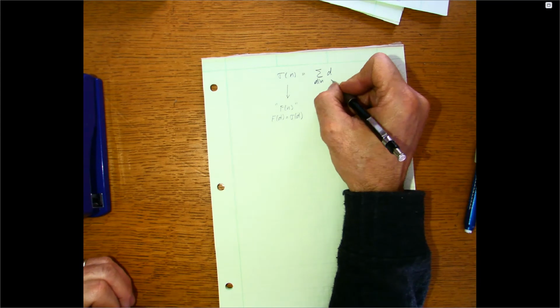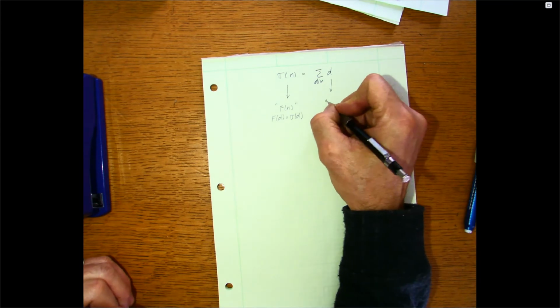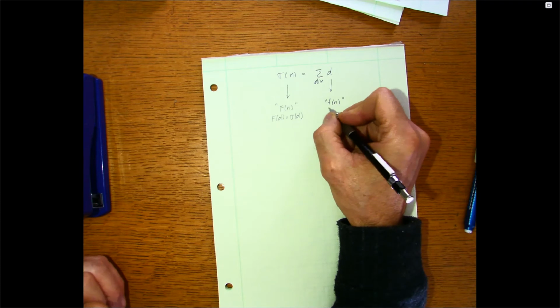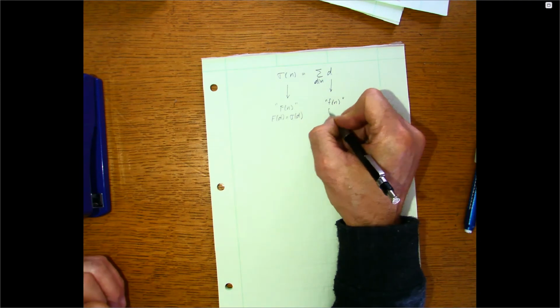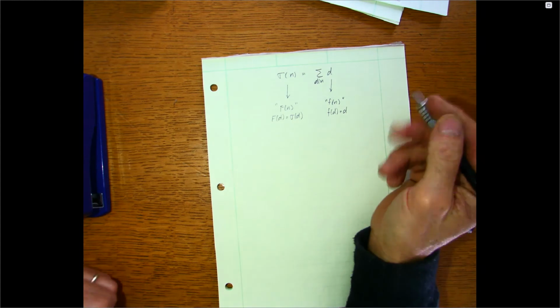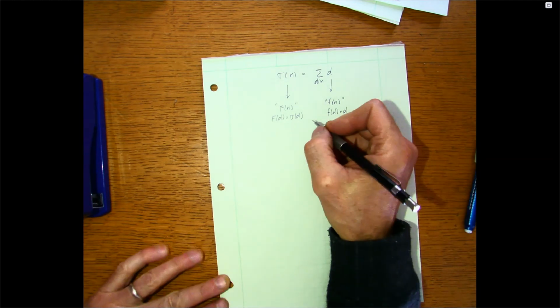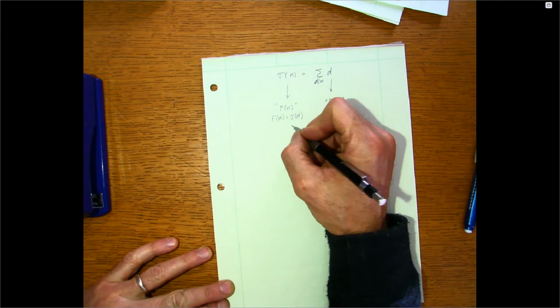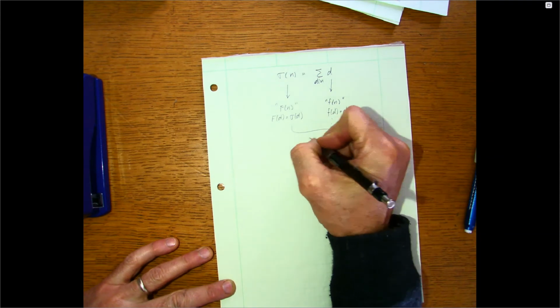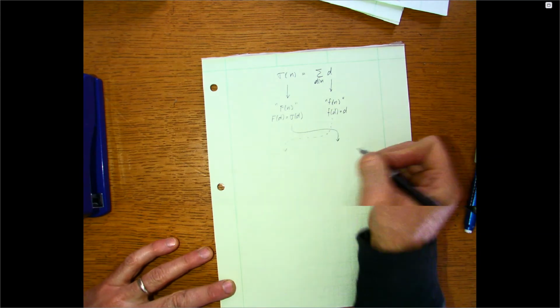And we can think of this like our little f, where little f of d is equal to d. It's the identity function.